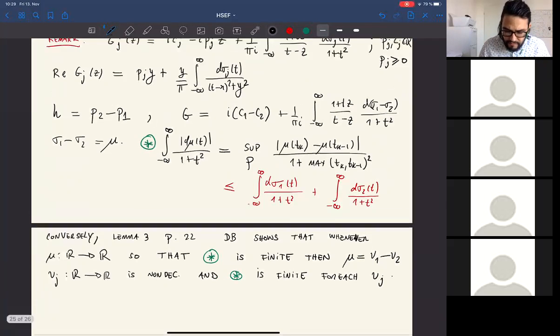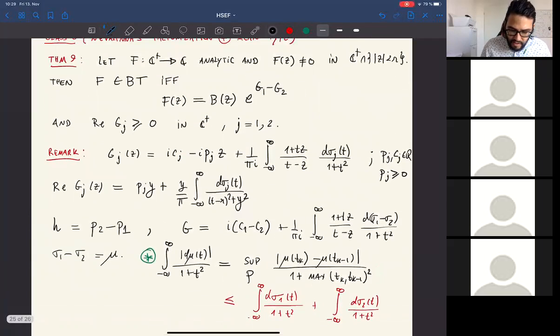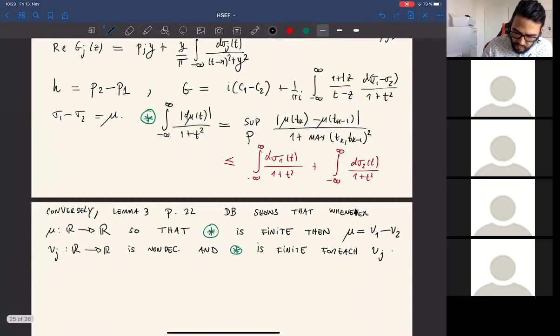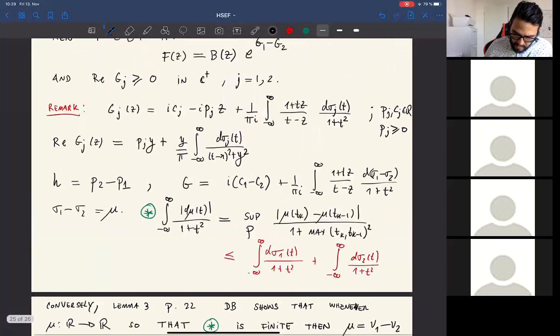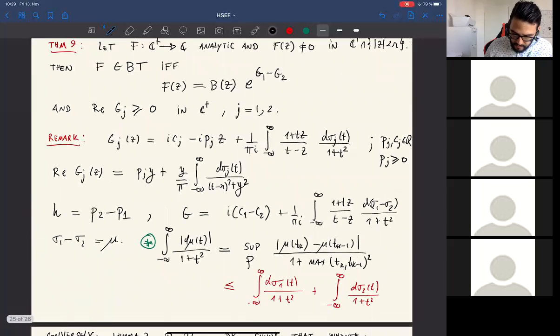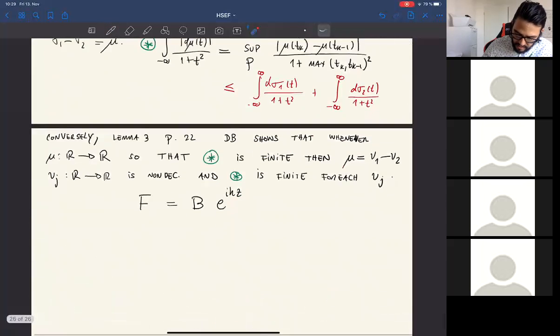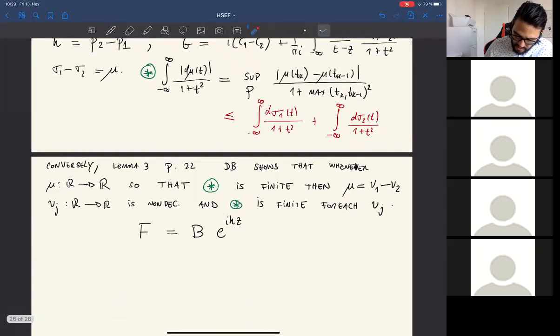So alternatively, and that's the way he writes it, F is a Blaschke product, then e to the i h z, because that would be G1 minus G2, and the way I'm writing it with a minus here, it should be P2 minus P1, dH, so that's correct.